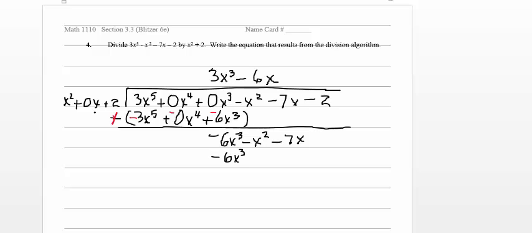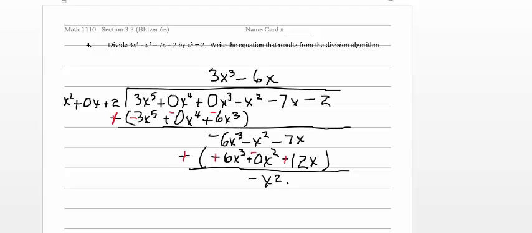So x squared goes into negative 6x cubed negative 6x times. 6x times my divisor is 6x cubed plus 0x squared plus 12x. And let's change that to an addition by also changing the signs of what I was subtracting. And when I add, I get negative x squared plus 5x.